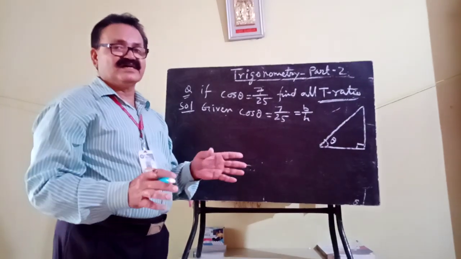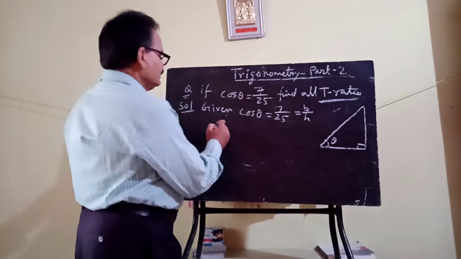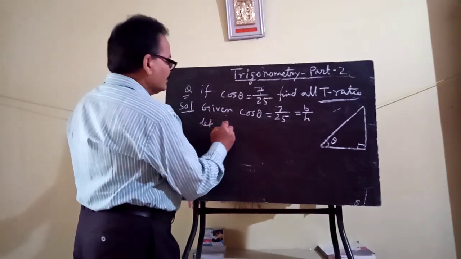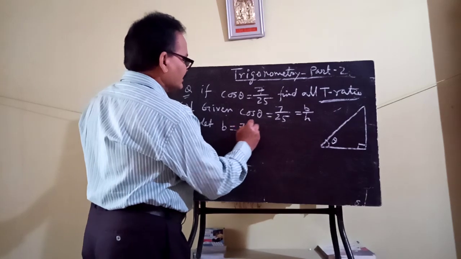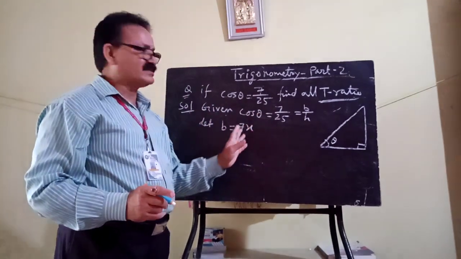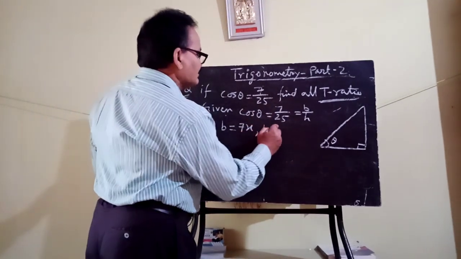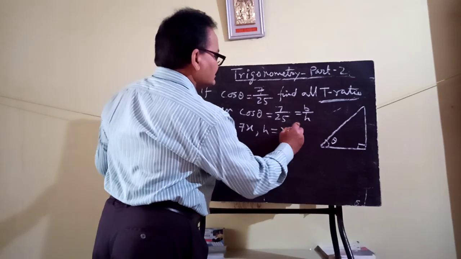Let the HCF be x, then the base b will be 7x, and the hypotenuse h can be considered as 25x.